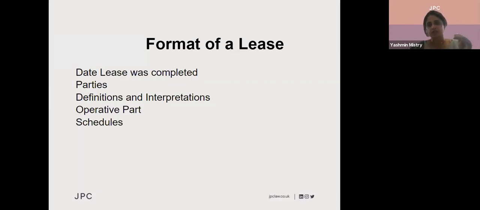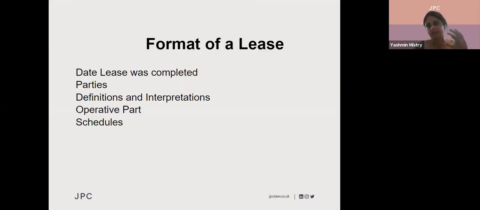So those two dates are very different: the completion date at the beginning of the lease, and the date of commencement. The date of commencement is important because the obligations contained in the lease start from it. So the ground rent and the cyclical repairing obligations under the lease will start from the date of commencement rather than the date that the lease was completed.